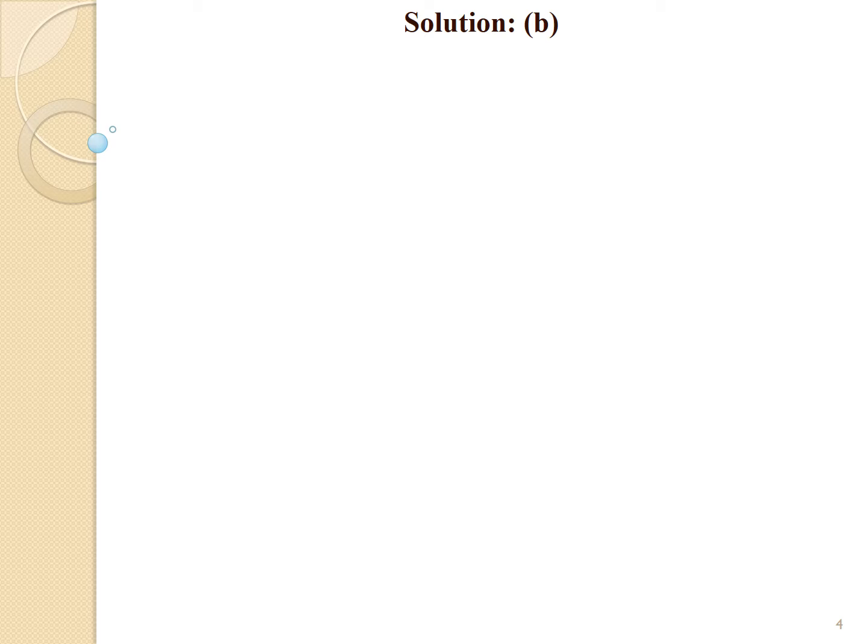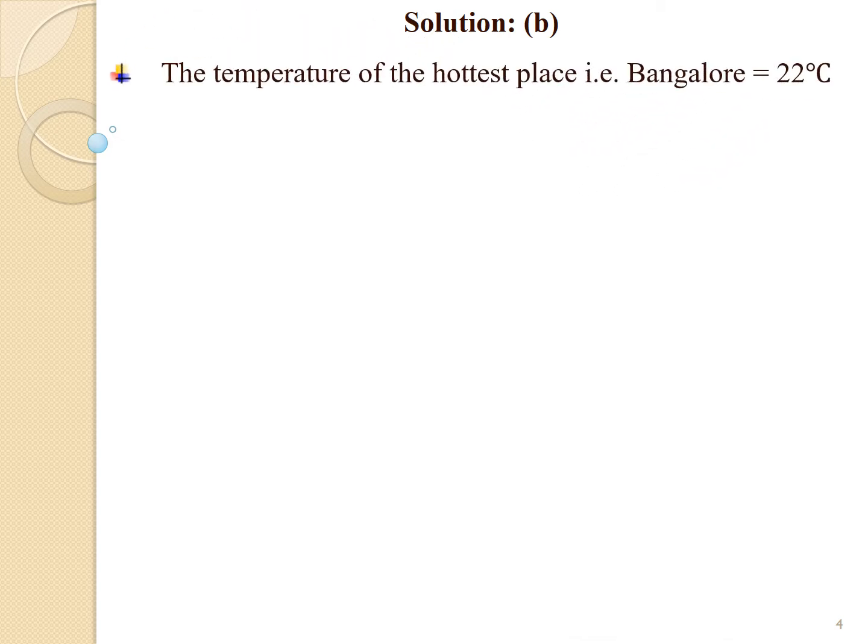Thus, by observing the number line and also by solving question number 1, it is clear to us that the hottest place is Bangalore, as the temperature of Bangalore is greater than the other places given to us, which is 22 degrees Celsius.